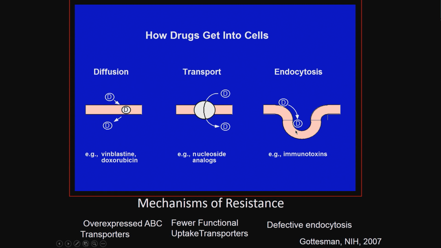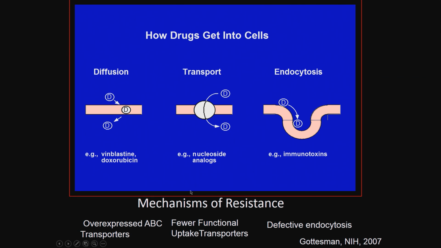Large molecules always go through this, as they cannot go through diffusion and transporters. If you have overexpressed ABC transporters, fewer functional uptake transporters, or defective endocytosis, you could have problems leading to resistance, because the drugs do not penetrate and reach the inside of the cell.